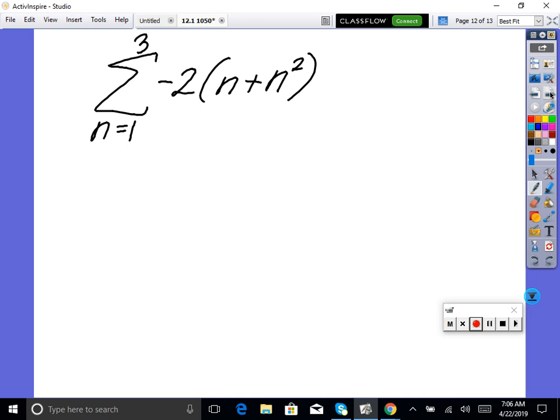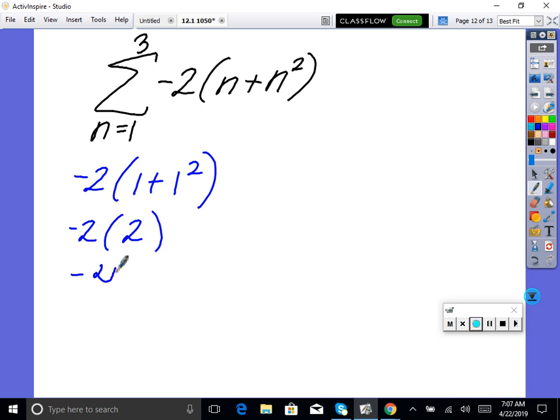So right here, it says find the sum of the first three terms. You don't have to split this up. You could leave it. If I wanted to not split it up, I would just plug in a 1, wouldn't I? Find out what my first term is. So that'd be negative 2 times (1 plus 1) squared, which is negative 2 times 2 squared, so our first term is negative 8.